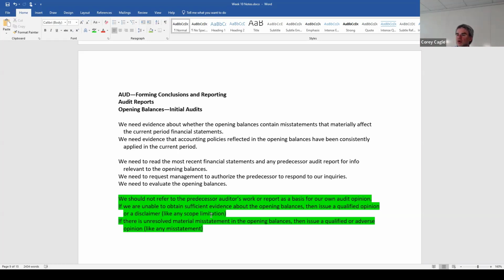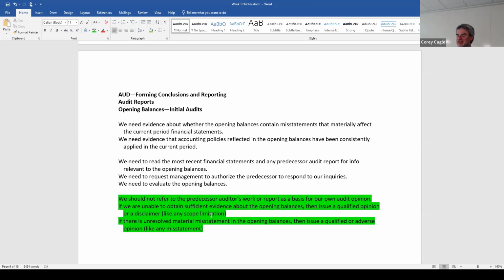So we're going to need to read the most recent financial statements, and any predecessor audit report for any information relevant to those opening balances. We need to get management to authorize the predecessor auditor to respond to our inquiries. We've talked about that early in the semester.